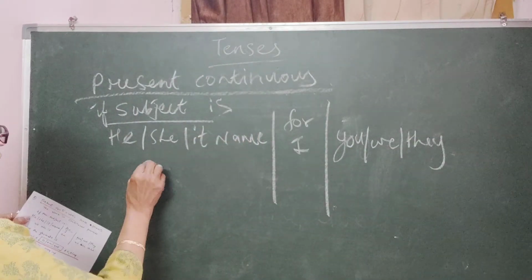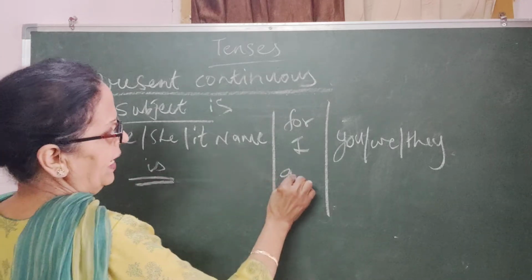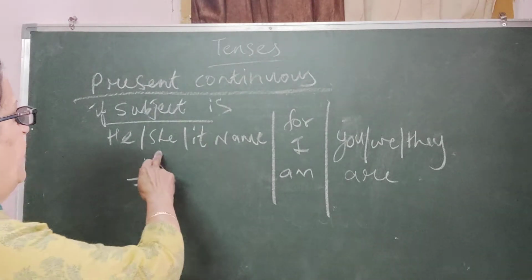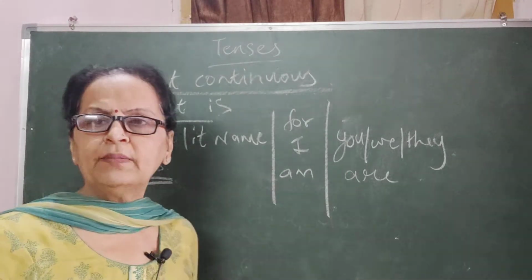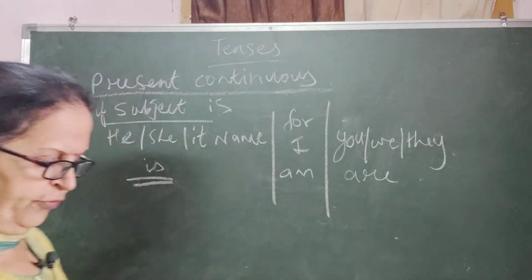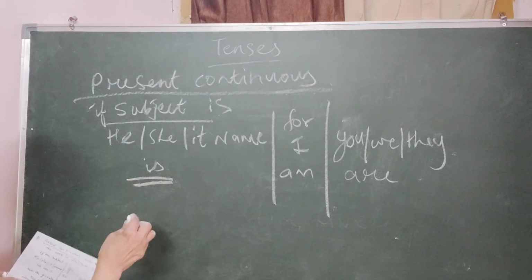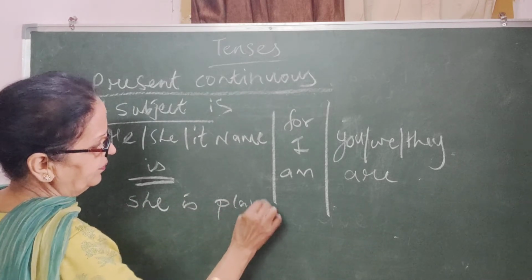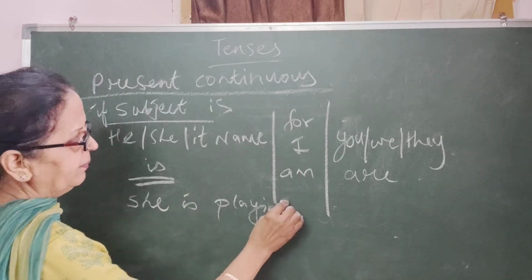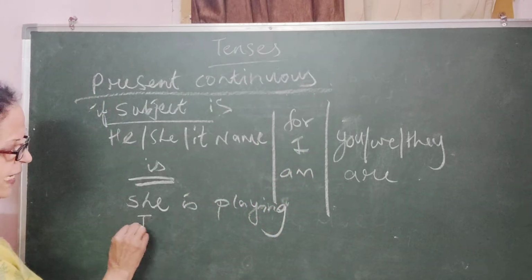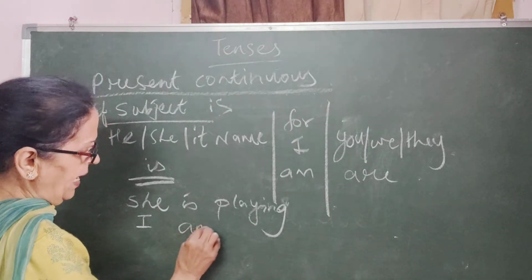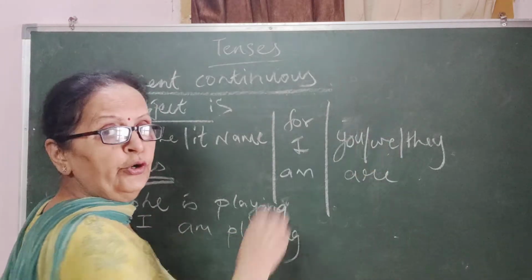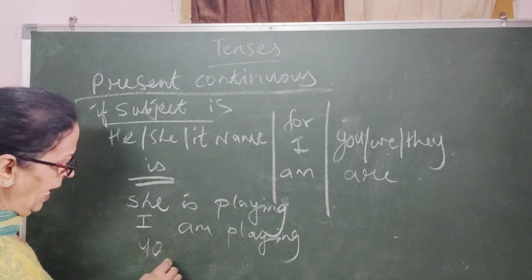The verb used is: he is, I am, you are, we are, they are. Now if I make a sentence, I know what I am supposed to use. So if I take up an example, she is playing. If I write down I as a subject, it will become I am playing. And if I want to write you or we, it becomes you are playing.